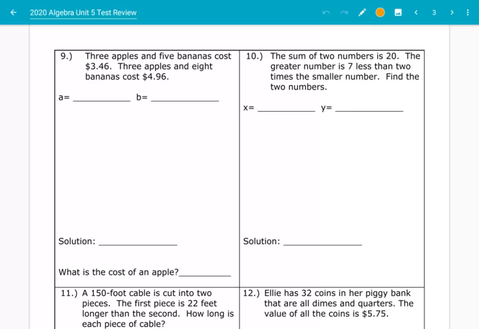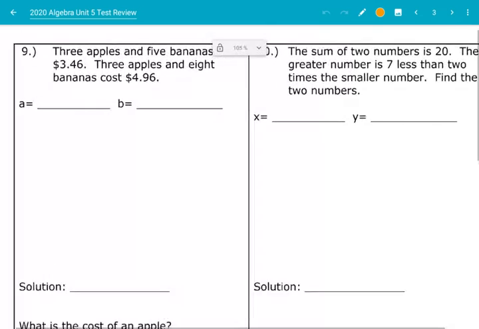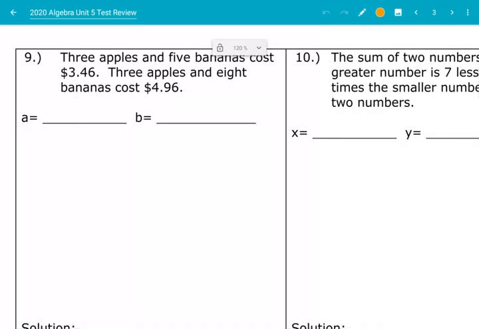3 apples and 5 bananas cost $3.46. That sounds like an equation to me.